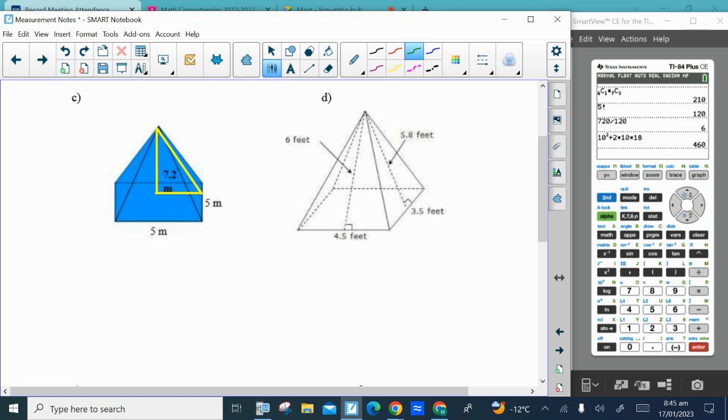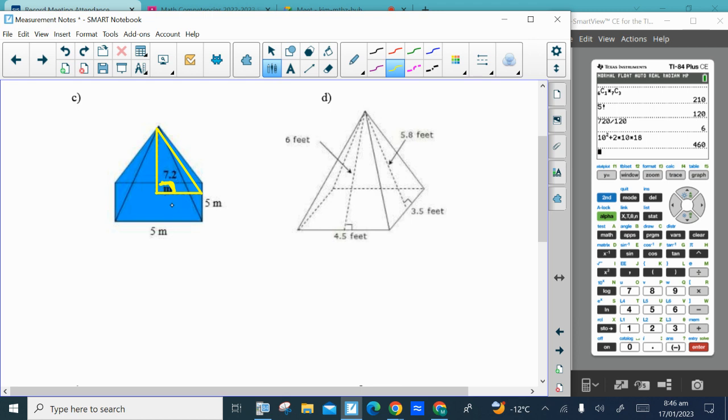This is going to be a right angle down here at the bottom. So we can use Pythagorean theorem in order to find out what the hypotenuse is, which would represent the height of each triangular face. As it says there, the height of this triangle is 7.2 meters. And the base of the triangle would be half of 5, because this part that comes straight down actually comes from the very center of the base.